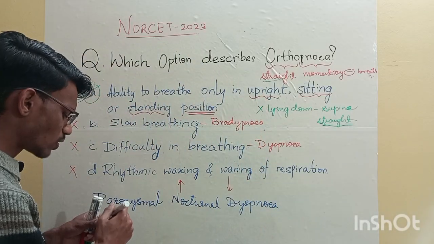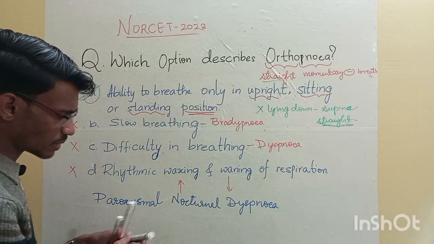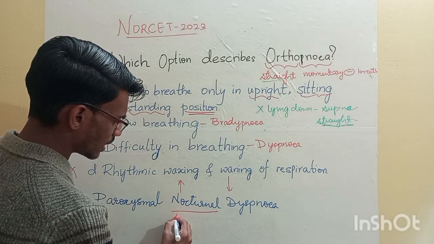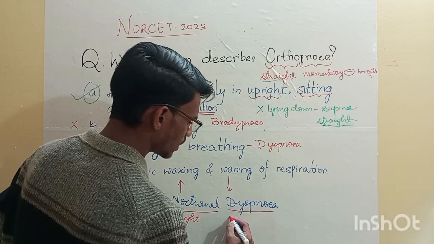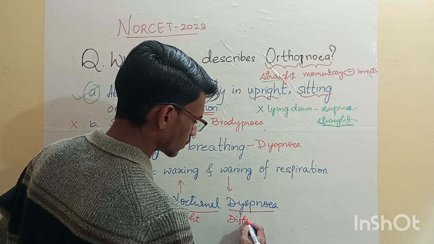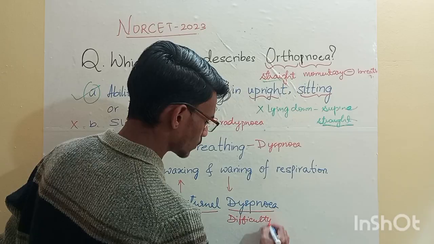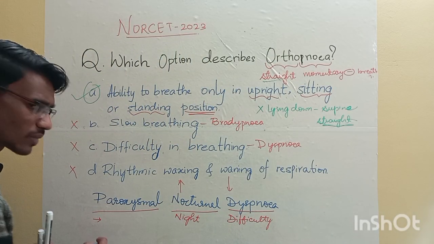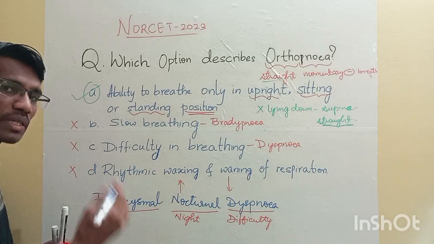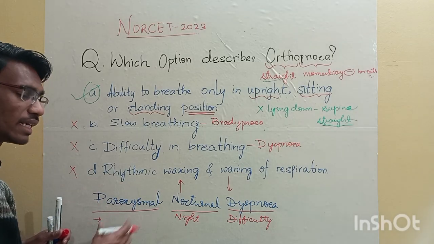As the name suggests, nocturnal means night. Dyspnea is difficulty in breathing. And paroxysmal means it happens unexpectedly. Like it shouldn't have happened in that condition, but still it appears like that.